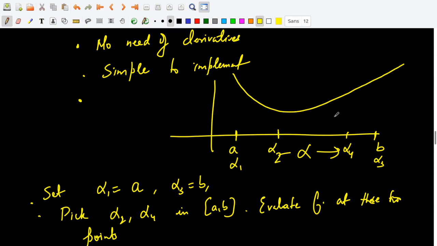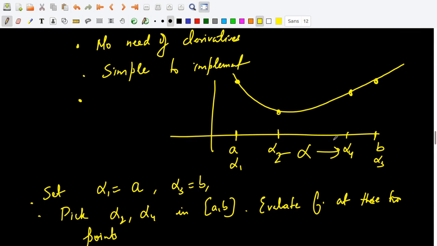This is just one candidate. So now the function values are denoted by these dots.